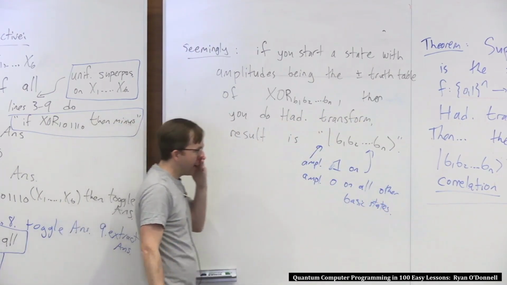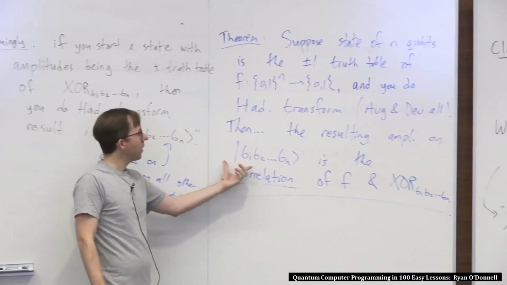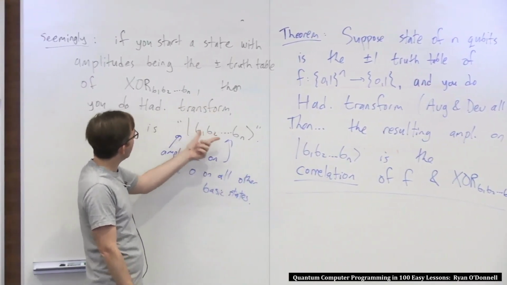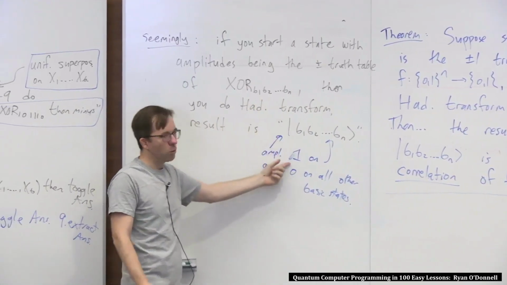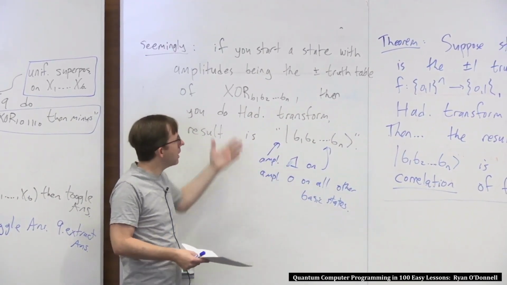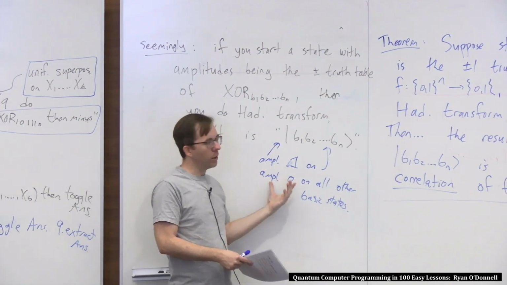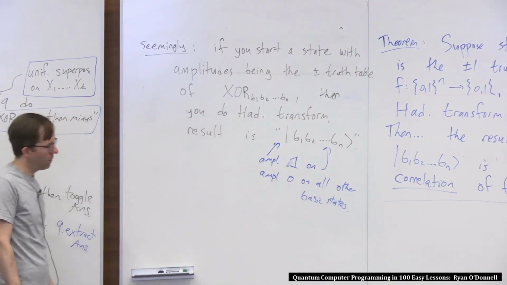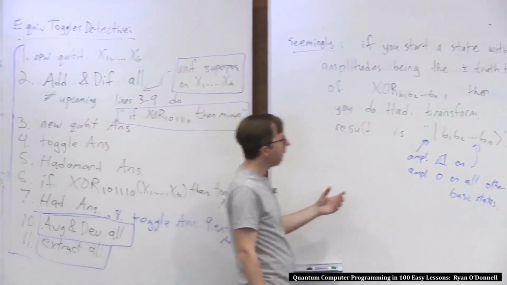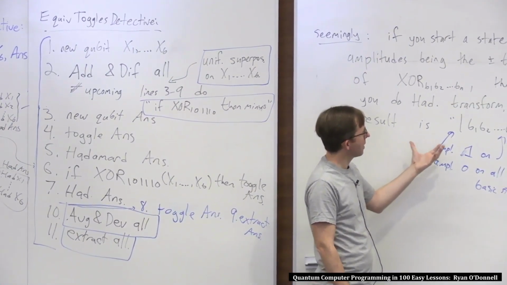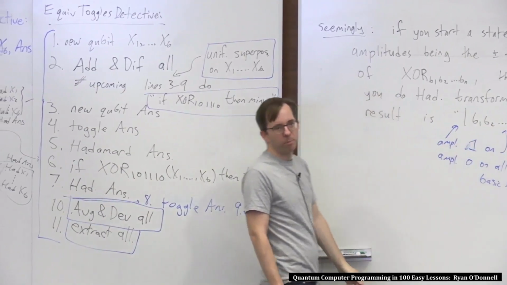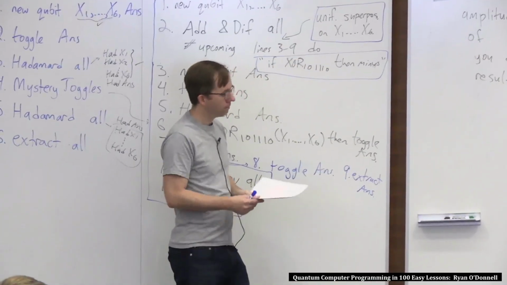So this is telling us, in particular, that the resulting amplitude on the B string, which happens to be this bit mask, is 1. That's sort of full correlation, because indeed f is this function. And moreover, it has no correlation with any other bit masked XOR function. Maybe that's less intuitive, but it should make sense that we get a full correlation on this XOR function.